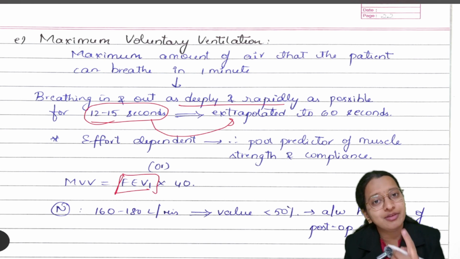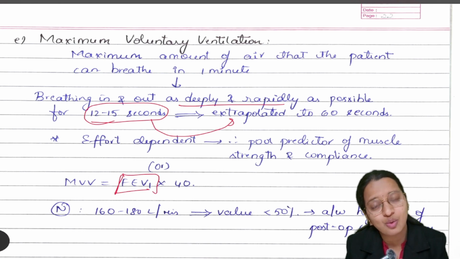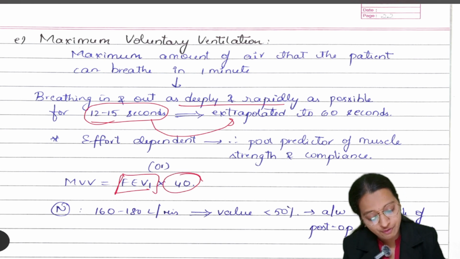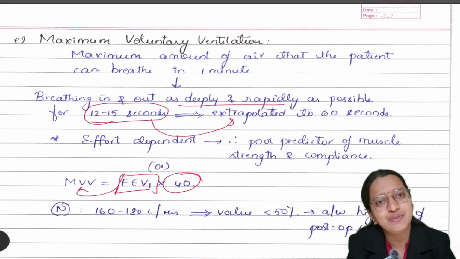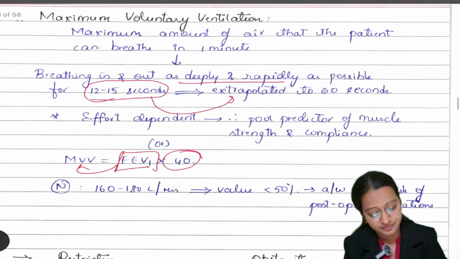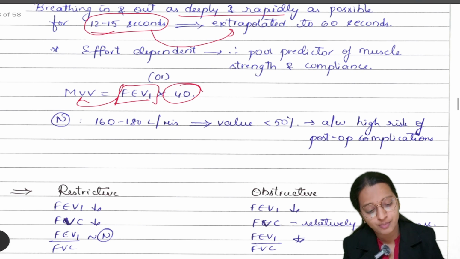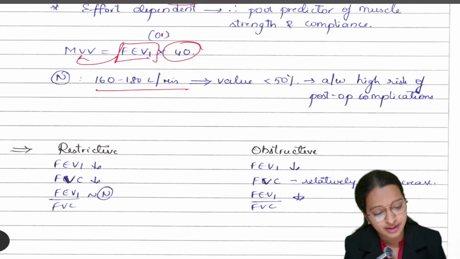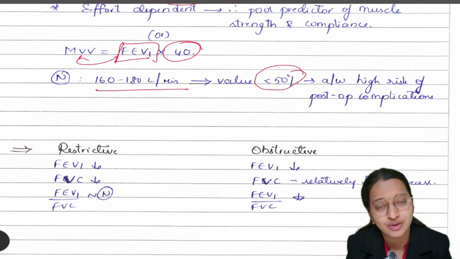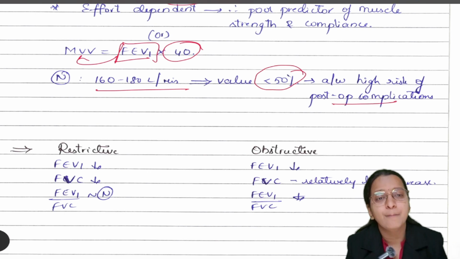We know the FEV1, we have calculated it, right? So if we multiply it with 40, it will give the maximum voluntary ventilation. So the normal would be 160 to 180 liters per minute. If it is less than 50% of the normal value, that means they are more prone for post-op pulmonary complications.